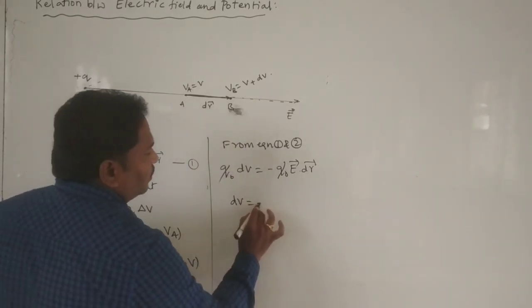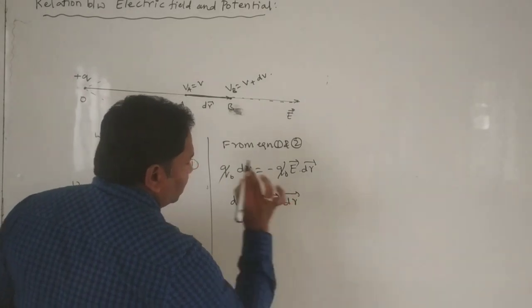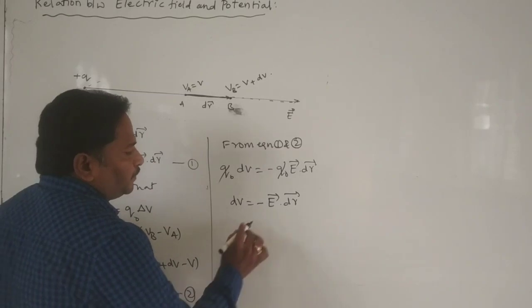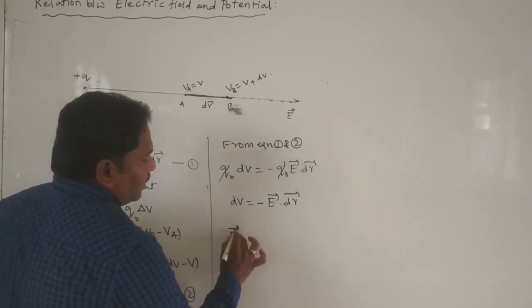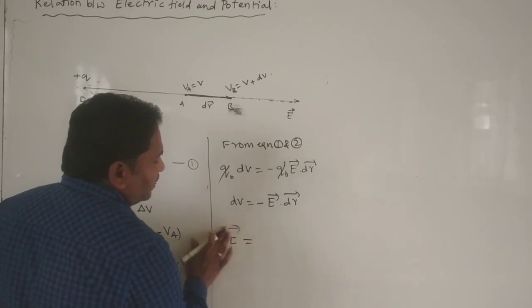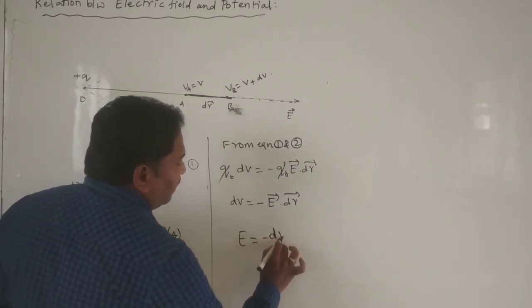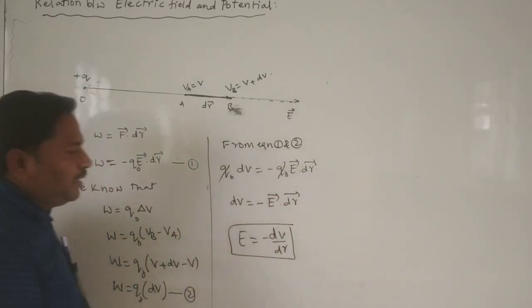Now dV is equal to minus E bar dot dr bar. This is the relation. So now we can write E bar equals minus dV by dr. This is the relation between E bar and V.